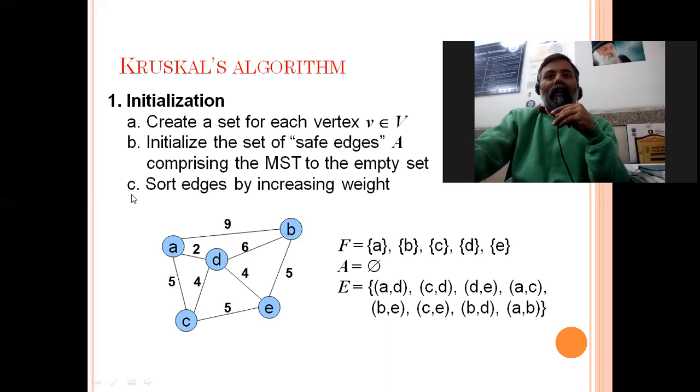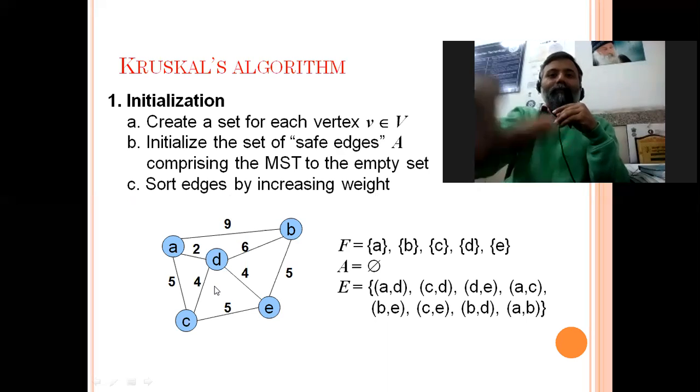Third step, sort edges by increasing weight. So in this graph, we have sorted. You can see that we have AD. You can see this AD has minimum weight, that is 2. Next we have 4. So this CD and DE.